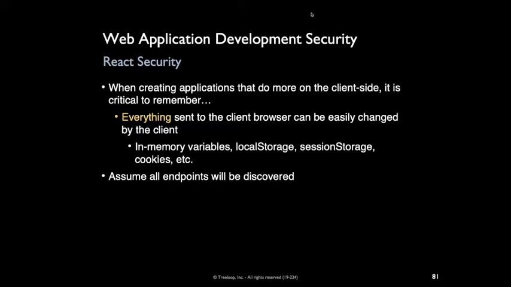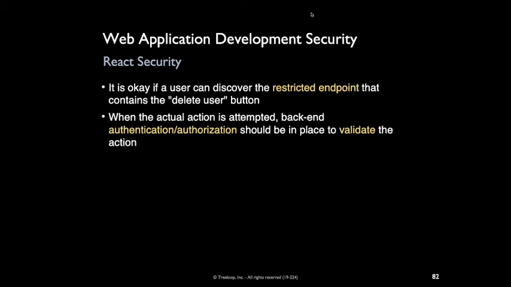So a classic thing, what I'm saying here is all the endpoints will be discovered. Let's say, for example, in your single page application, the user can do things that allow them to maybe see the delete employee button.